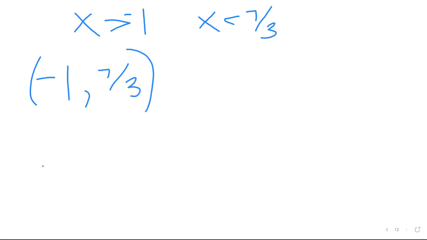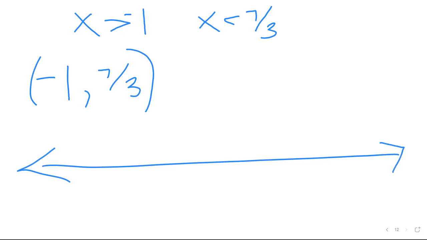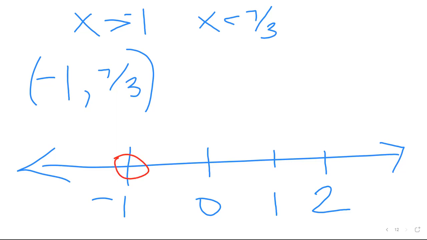If you don't see that immediately for your interval notation, look to your number line for clues or some insight. 7/3, that's higher than 1. Is it higher than 2? Yes, 7 divided by 3 is 2 point something. So check your calculator if needed to figure out what's going on there. We've got an open dot on -1, and an open dot somewhere slightly to the right of 2.